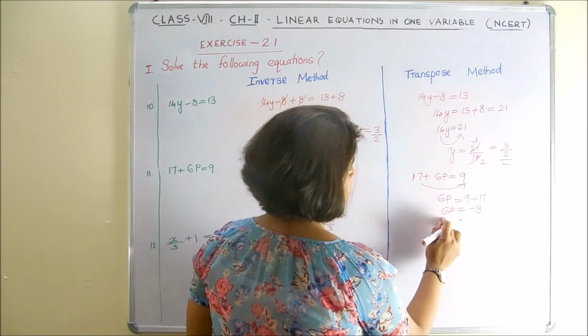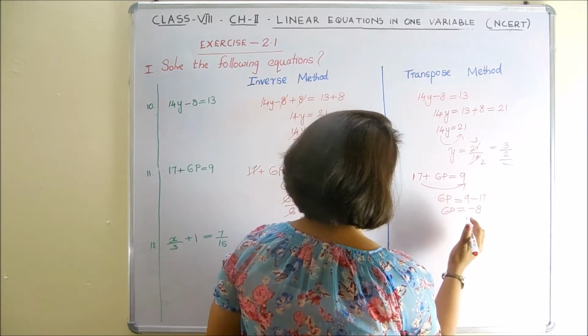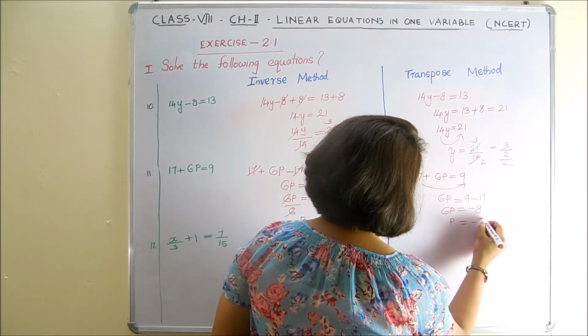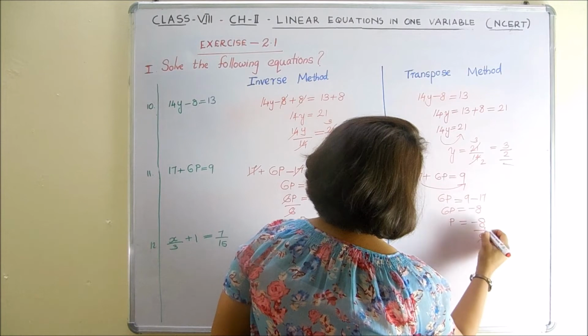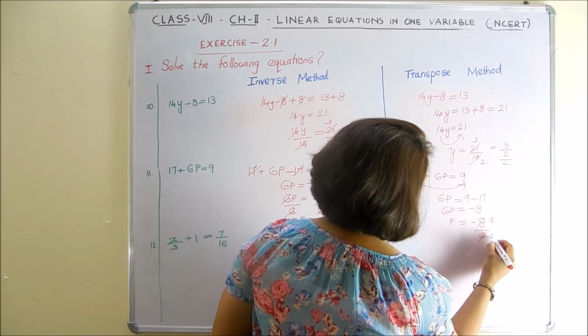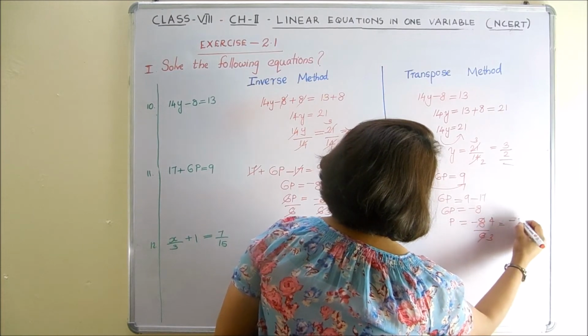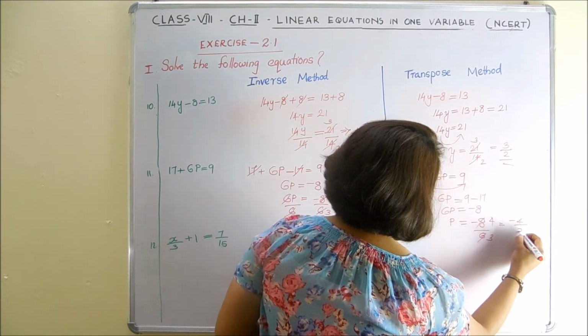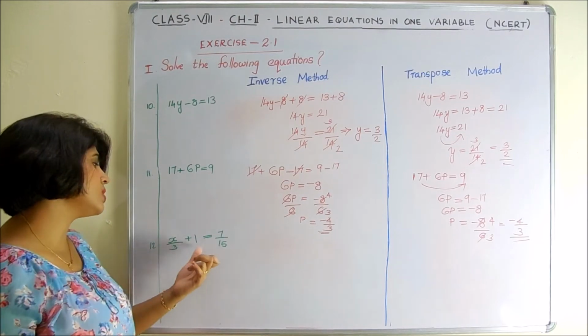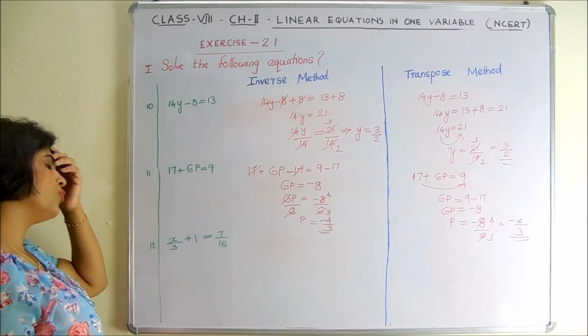Again we can transpose the 6 into RHS by dividing by 6. Then the value will become again minus 4 by 3.